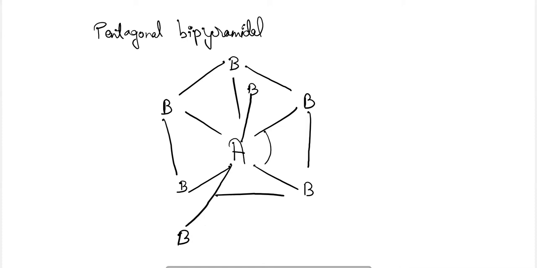So here the angle between the two bond pairs of B will be 72 degrees, while the above and below B atoms attached to the central atom will have an angle of 90 degrees. The example here is IF7.